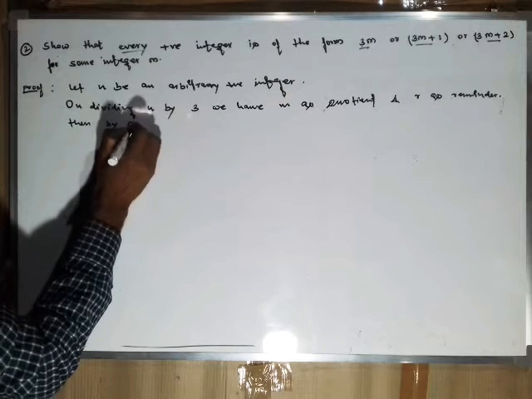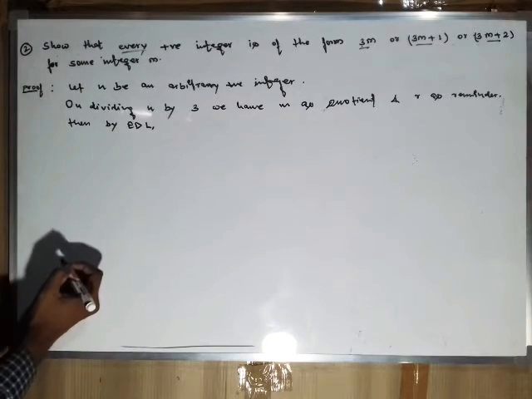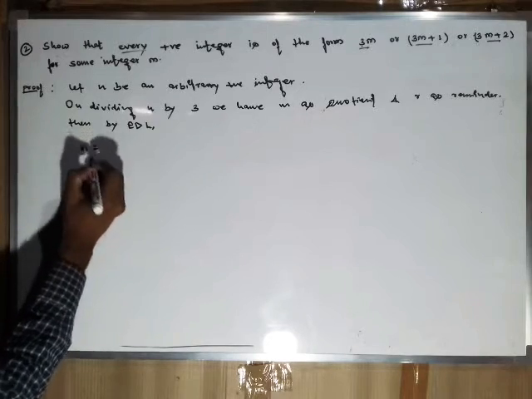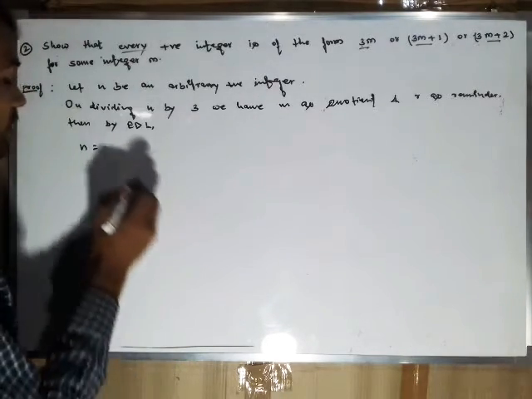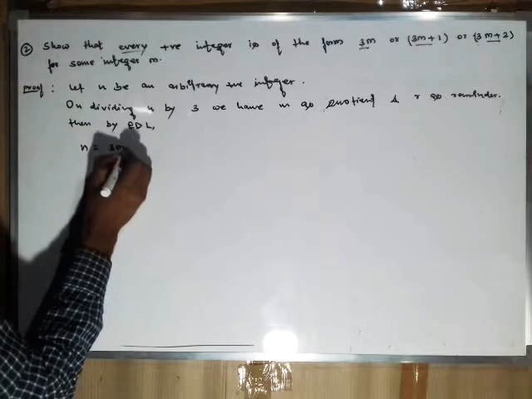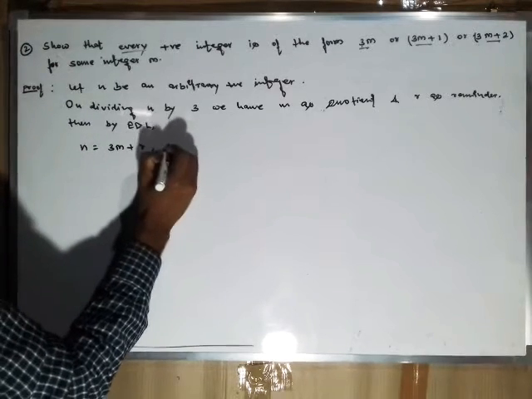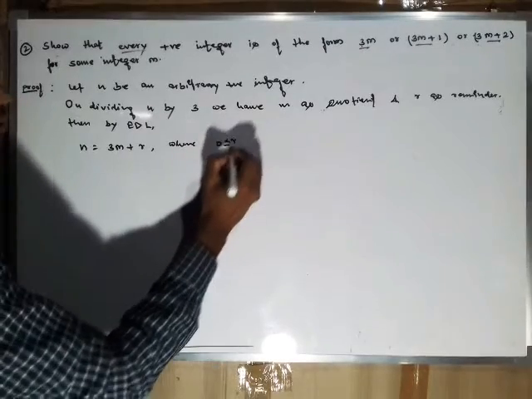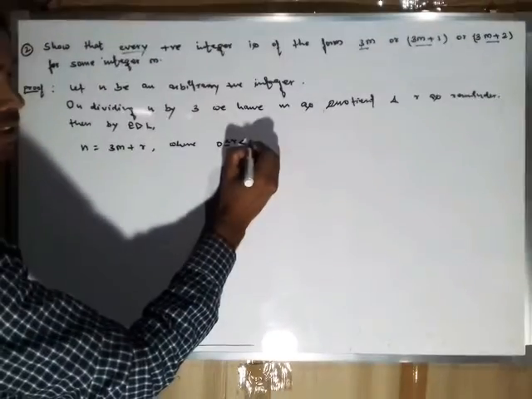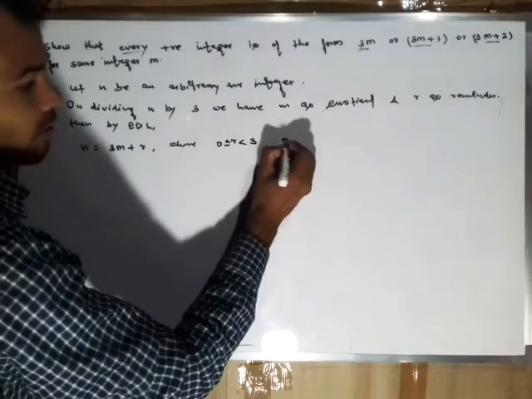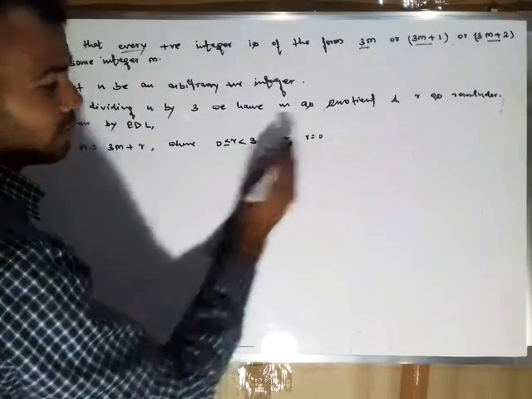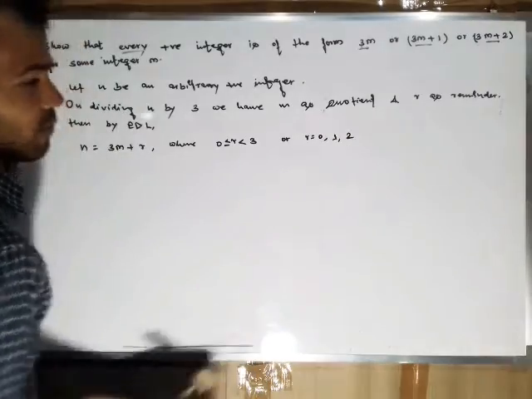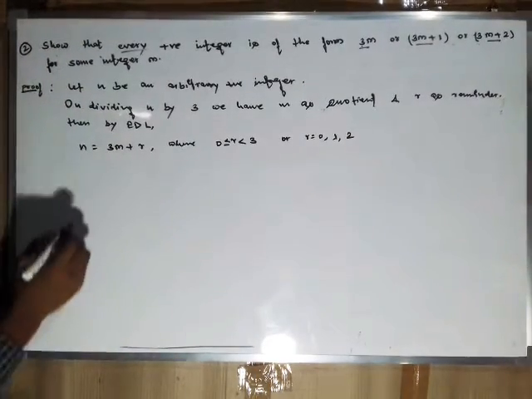Then by Euclid's division lemma, we have dividend equals divisor into quotient plus remainder: n equals 3m plus r, where r is greater than or equal to 0 but less than the divisor, meaning 3, so r equals either 0, 1 or 2. Very good.